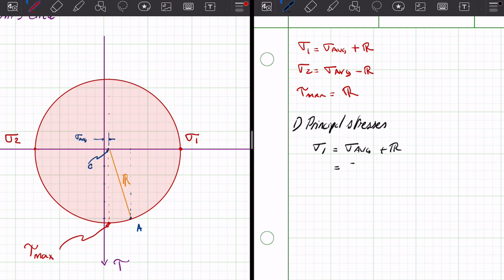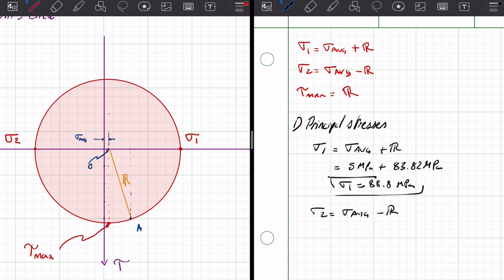So this is 5 megapascals plus 83.82 megapascals. And we have that the first principal stress is 88.8 megapascals. The second principal stress is then sigma average minus the radius. So this becomes 5 megapascals minus 83.82 megapascals. And my second principal stress then is minus 78.8 megapascals.